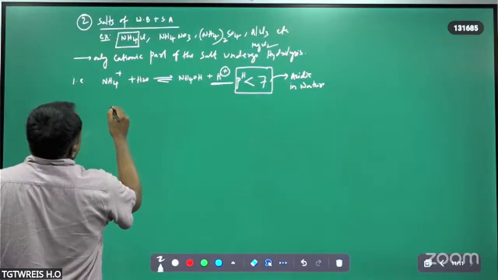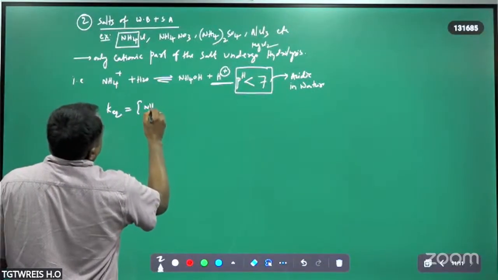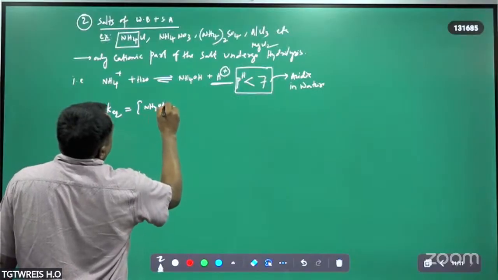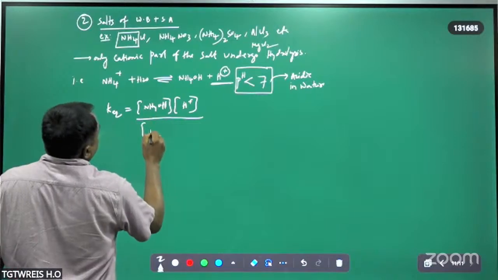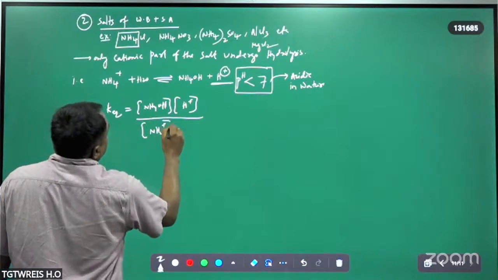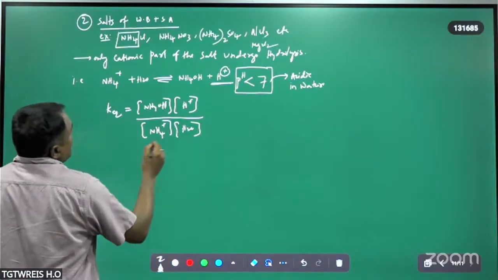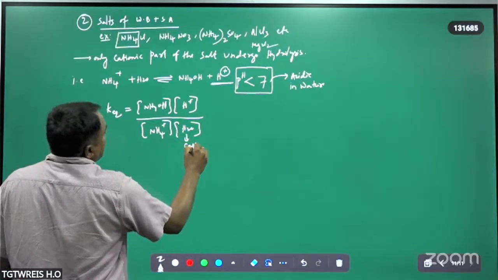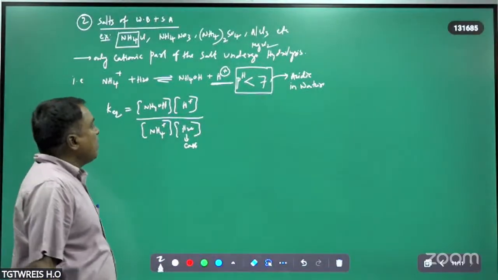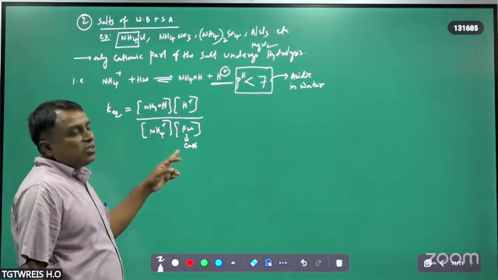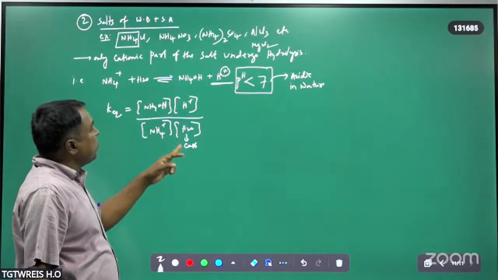So it is an equilibrium. Therefore the equilibrium constant is equal to NH4OH into H plus by NH4 plus and H2O. This is an equilibrium, but H2O is constant because it is a pure liquid. The molar concentration of a pure liquid is usually taken as 1 or unity, therefore it is constant.